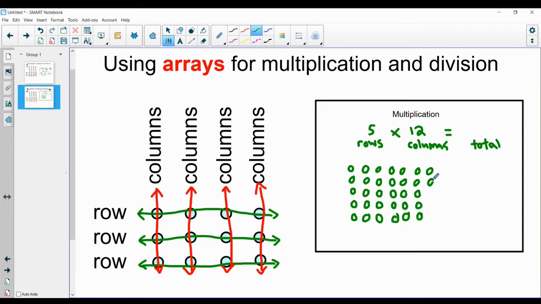Here's column 7. Column 8. Column 9. Ten, 11, and 12.